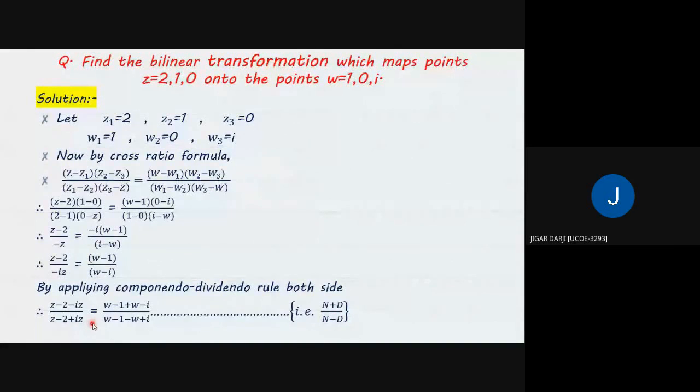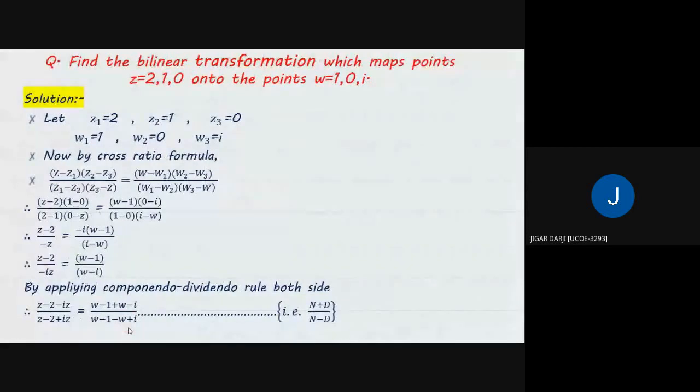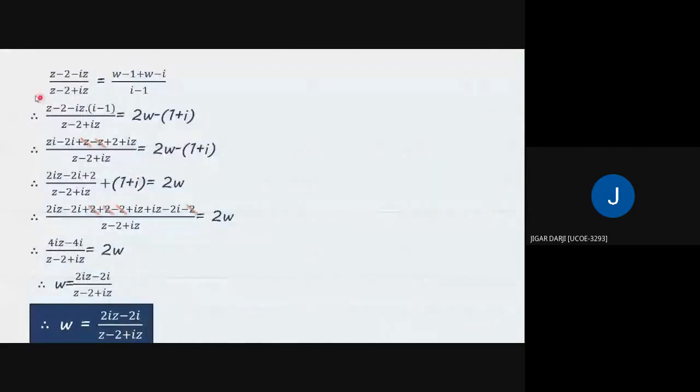By solving this equation, we get, next slide, (z minus 2 minus iz) divided by (z minus 2 plus iz) equals (w minus 1 plus w minus i) divided by (i minus 1). So by solving the equation, (z minus 2 minus iz) into (i minus 1) divided by (z minus 2 plus iz) equals 2w minus (1 plus i).